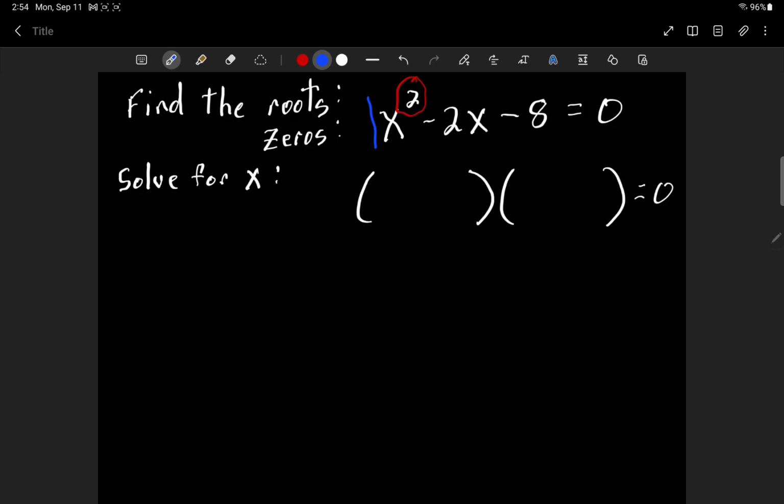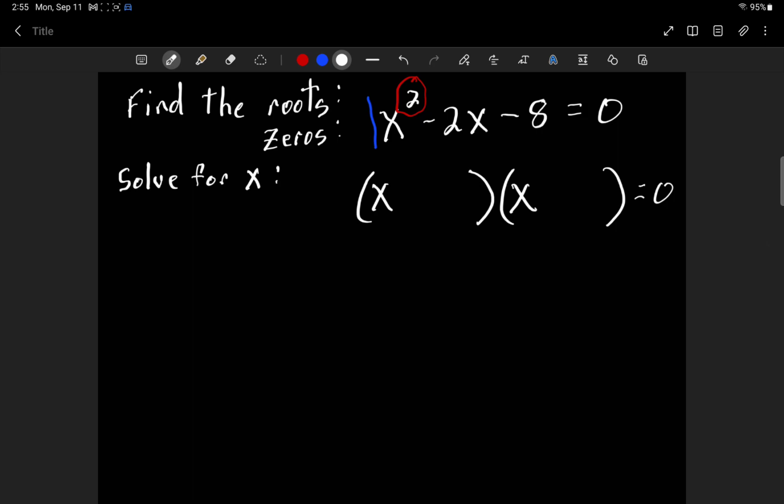And the way I do these is I start, what times what is going to give me x squared? Well, since the leading coefficient's 1, 1 times 1 is 1, so I only have x and x. X times x is x squared.